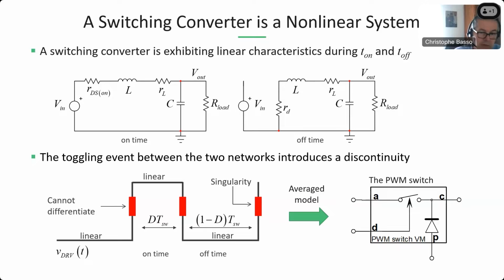Then you insert the PWM switch model as you would do with a bipolar transistor. You extract the symbol from the schematic and you replace the transistor, or here the switching cell, by its equivalent average model.